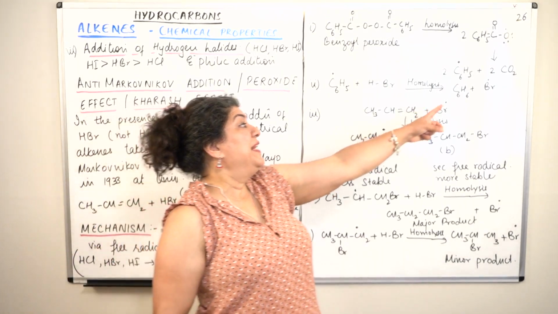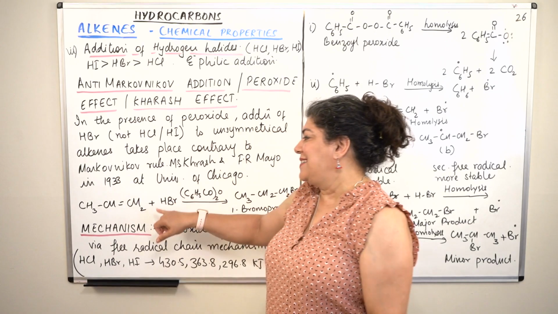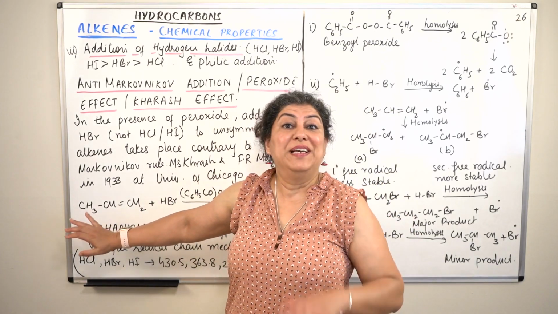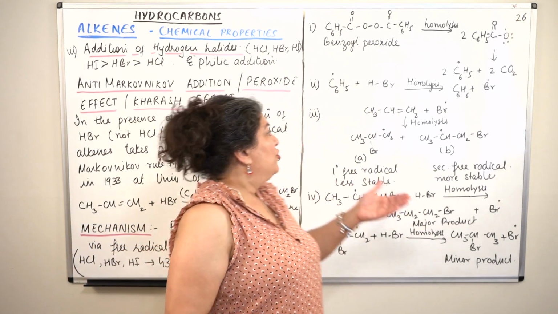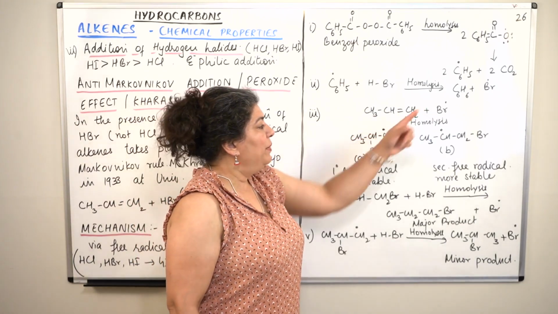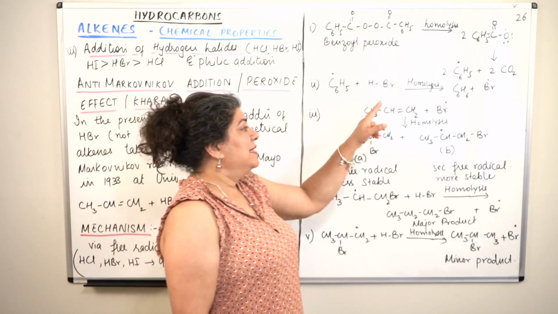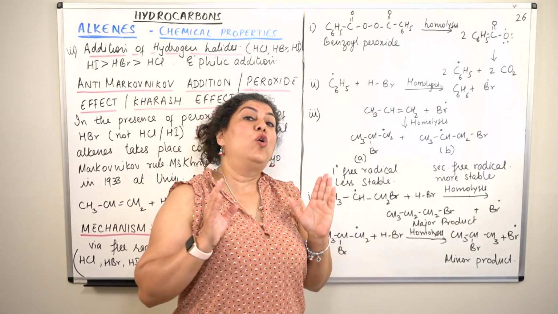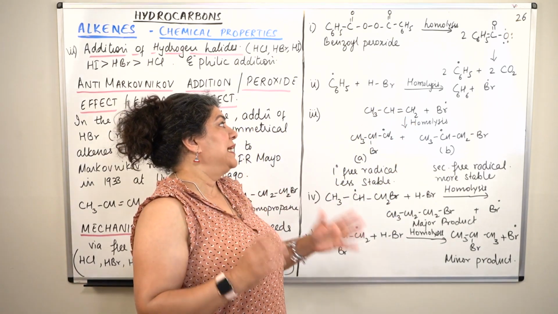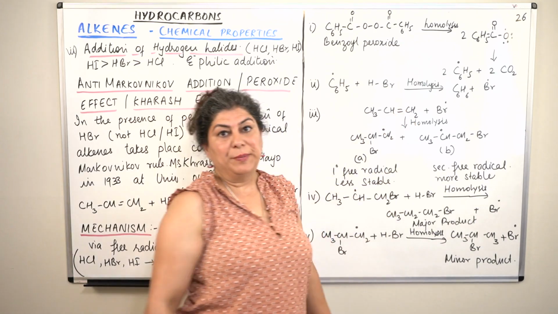This bromine free radical then attacks the alkene molecule in the next step. So in the next step, what happens? The bromine free radical, which was generated in the second step, attacks the alkene and causes the homolytic cleavage of the pi bond.